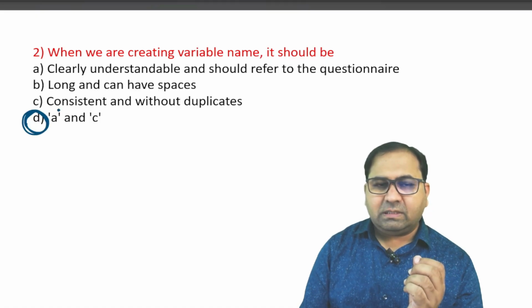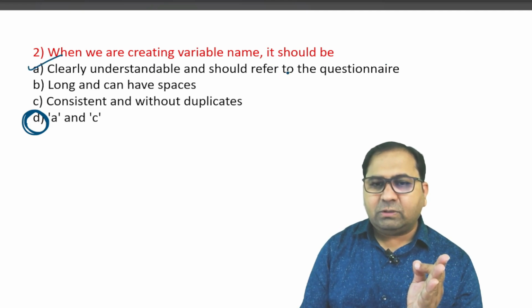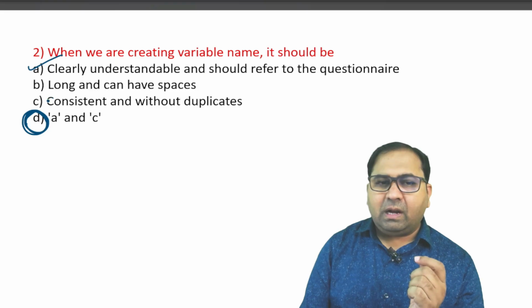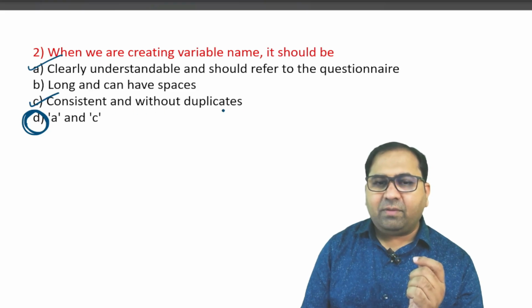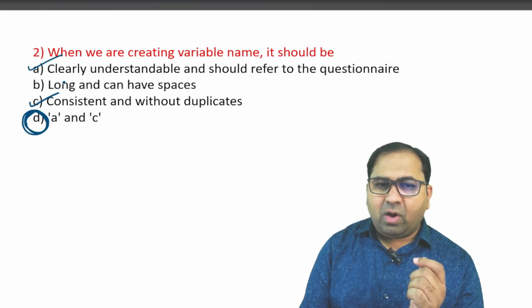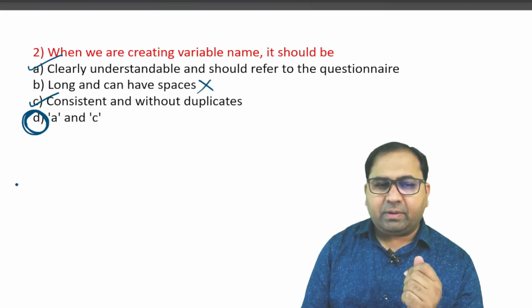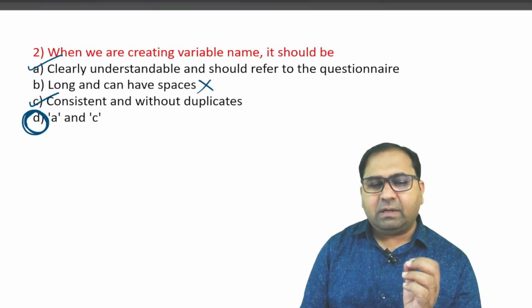So once again let us see the statements. When we are creating variable name, it should be A, that is clearly understandable and should refer to the questionnaire, and C, that is it should be consistent and without duplicates. Long and can have spaces is the wrong statement. Let us see this chart.